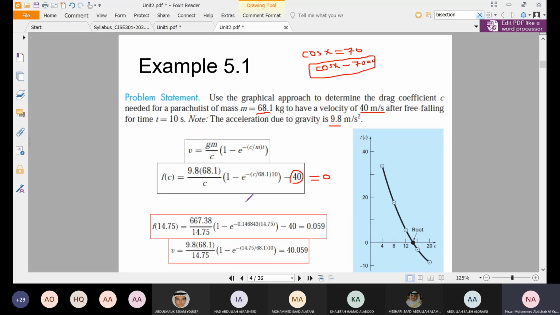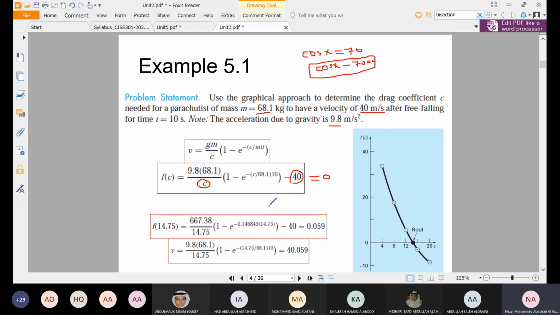Now what we want is to find the value of c that makes this equation, this function, go to 0. So the value of c is the root itself.